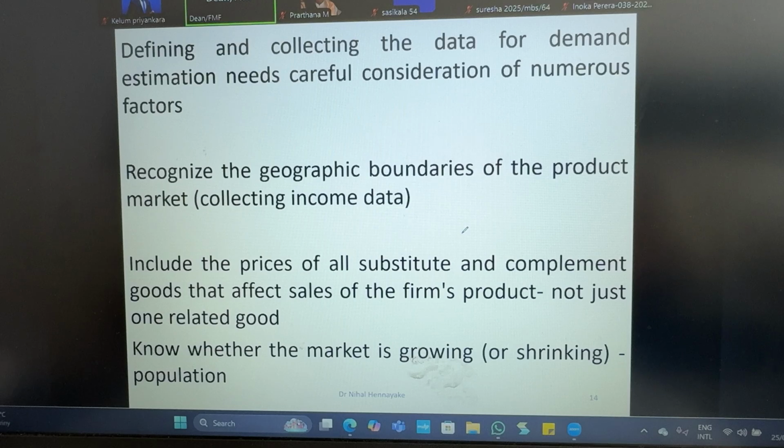Just choose a product. Define the product very clearly and say that our group is going to estimate the demand equation for this particular product. So the definition should be very clear.